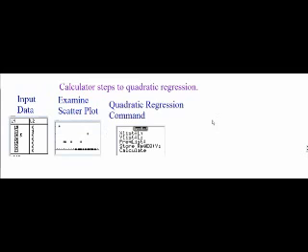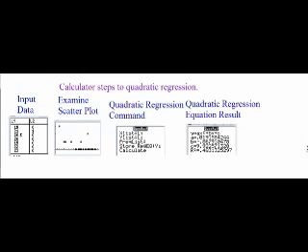The command to do that, instead of selecting linear regression when we go to our statistical calculation menu, is to choose quadratic regression, and everything pretty much is the same. Our X and Y lists are list 1 and 2, and in this case we store our regression equation in Y2, so that we'll have both equations, the linear in Y1 and the quadratic in Y2.